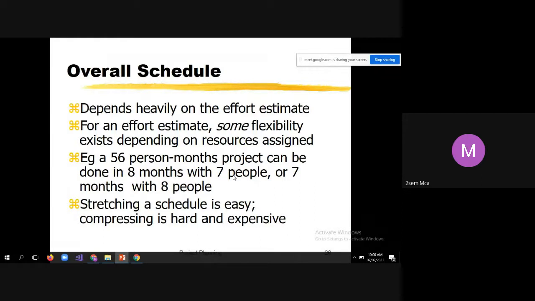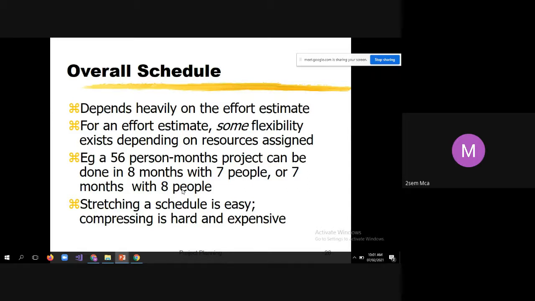Then somewhere we felt it is better to finish 1 month early and keep 1 month as standby. Let us try to deliver the software within 7 months. Then we have to increase our manpower by one. That is 7 months with 8 people. That flexibility will be there.